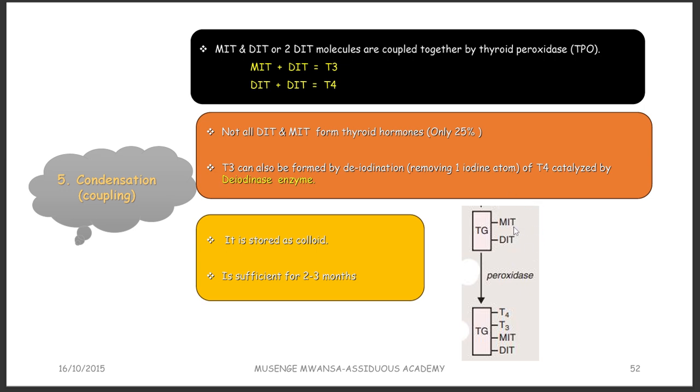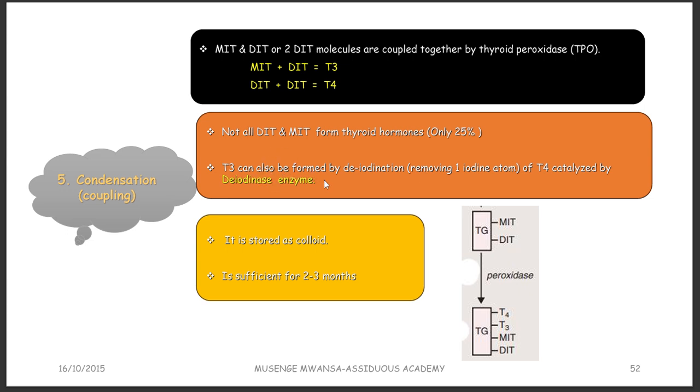MIT, monoiodo, and diiodo, you are going to have triiodo. So that is what forms T3 when you couple MIT with DIT. For you to form T4, which is thyroxine, you need to couple DIT with another DIT. Take note that not all DIT and MIT will form the thyroid hormone, only 25%. The rest will remain like that.